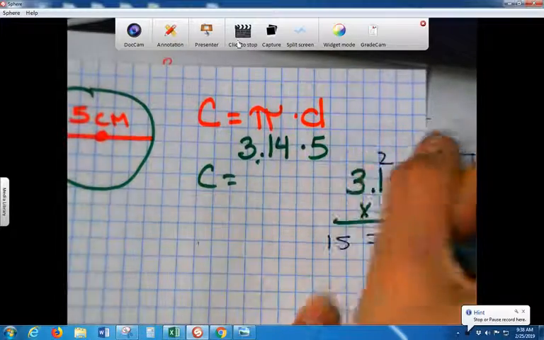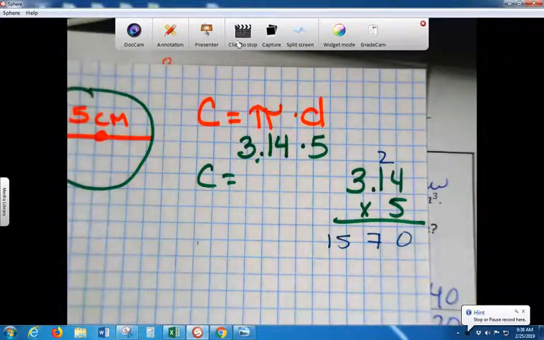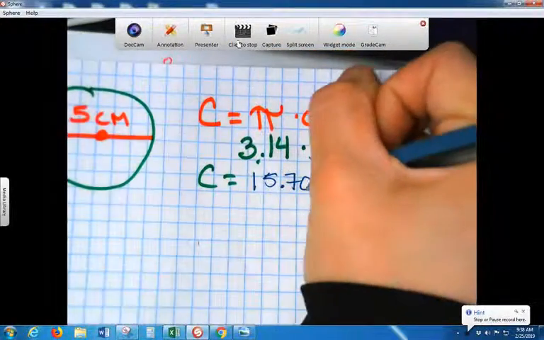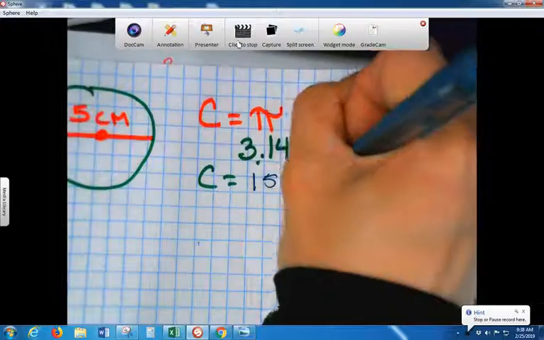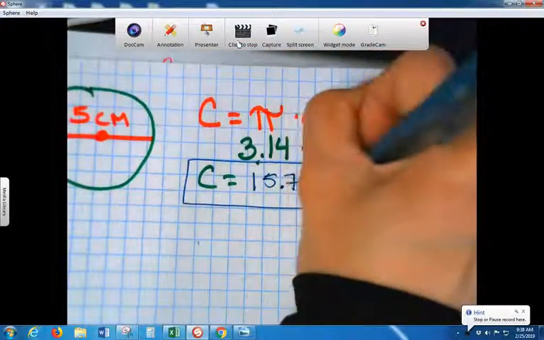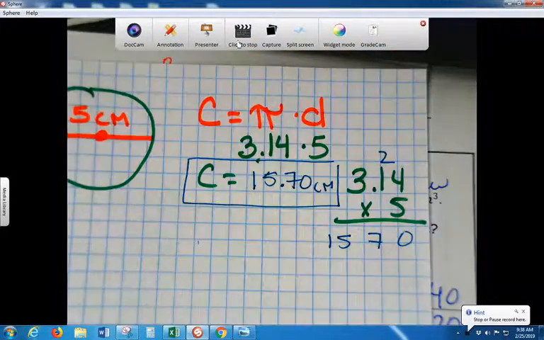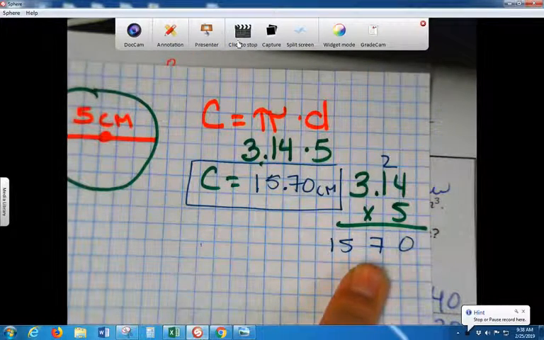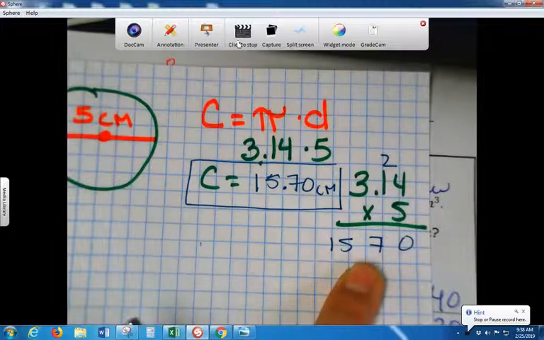How many times did I move my decimal? 2. What's your answer? 15.70 centimeters. Good. Good job. The hardest part is multiplying, but that should be easy because it's a 4th, 5th grade standard. All right.